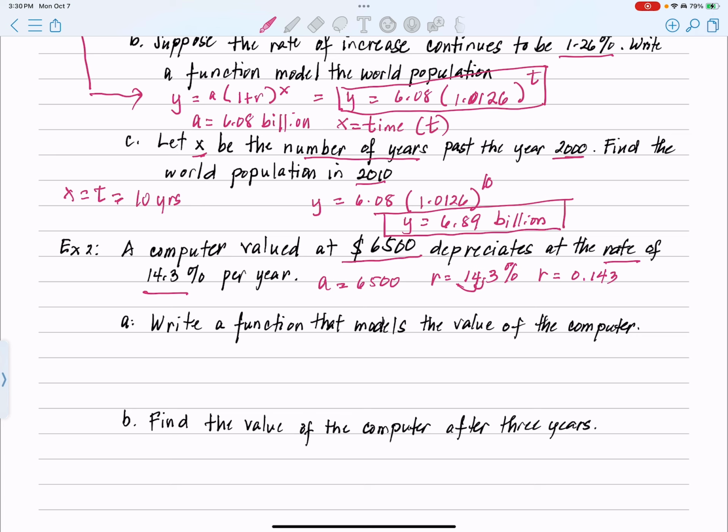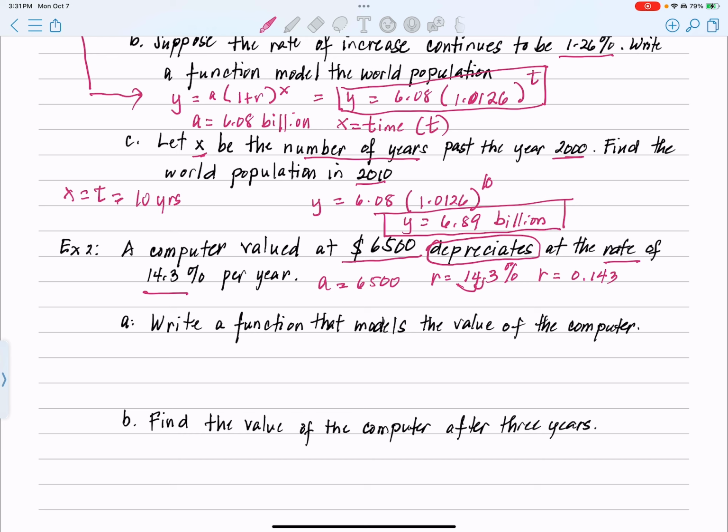Now, of course, the word depreciates will tell us what formula we're going to use, right? Depreciates, decay, exponential decay.